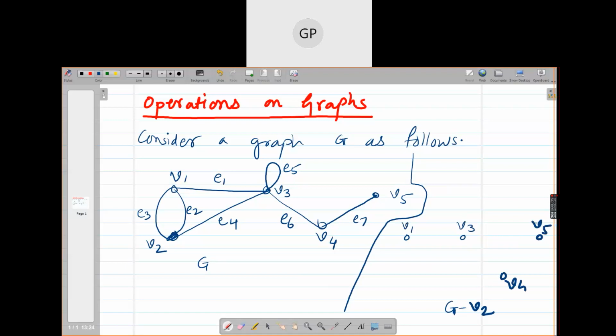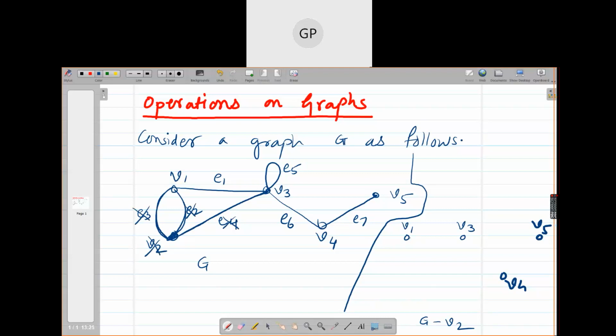Now which edges are incident on V2? E2, E3, E4. There are three edges. The degree of V2 is 3. So I have to delete V2 and all these three edges also.